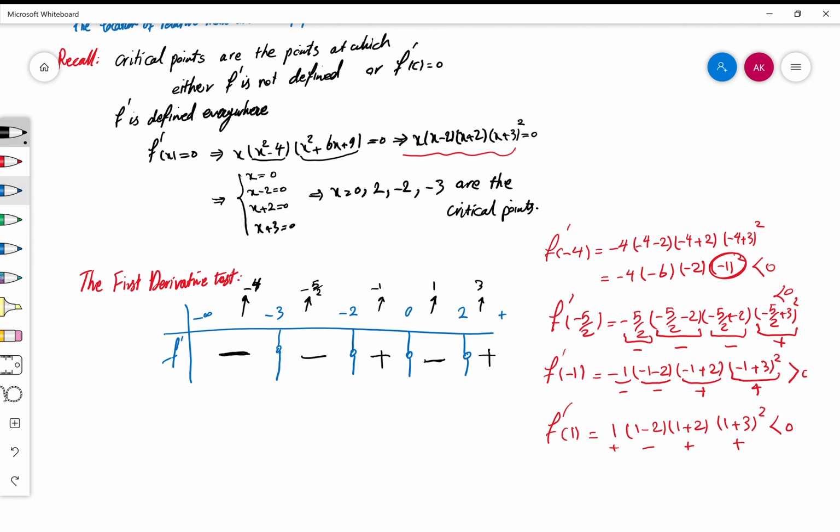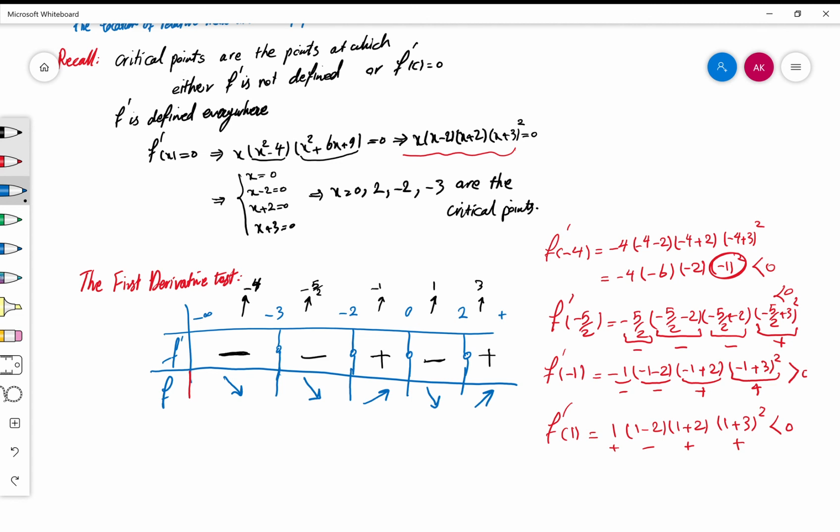So when you do that, now it is time to use the first derivative test itself. For that, what you can see is that while f prime is negative, f is going to be decreasing, then decreasing, then increasing, decreasing, and increasing.